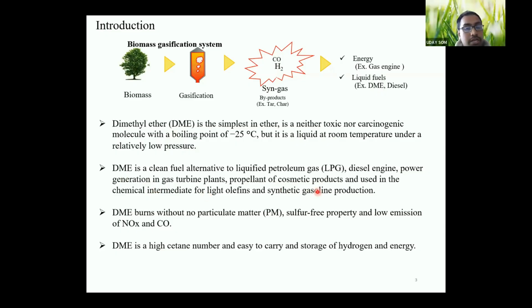It is also used as a chemical intermediate for light olefins and synthetic gasoline production.